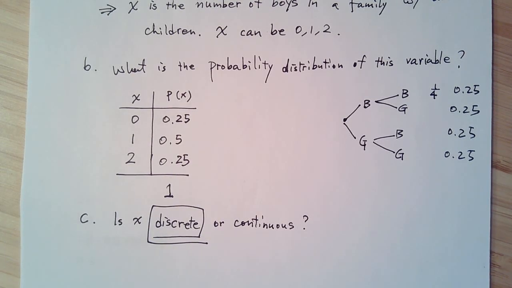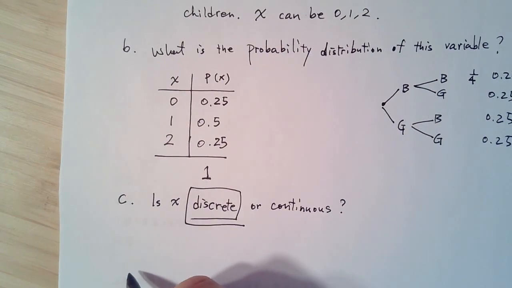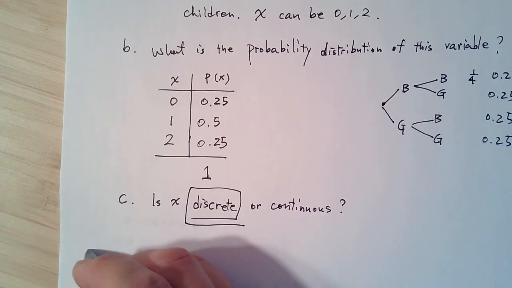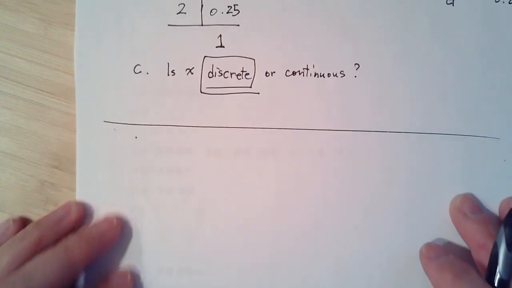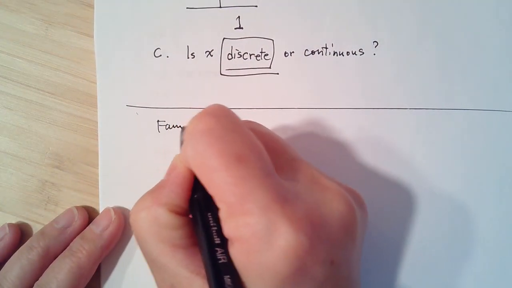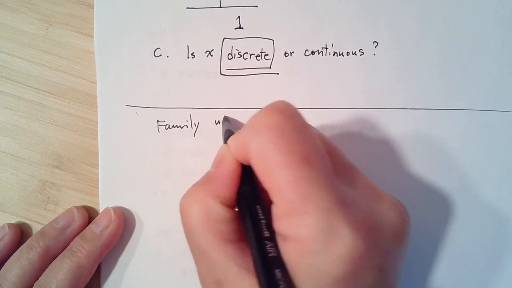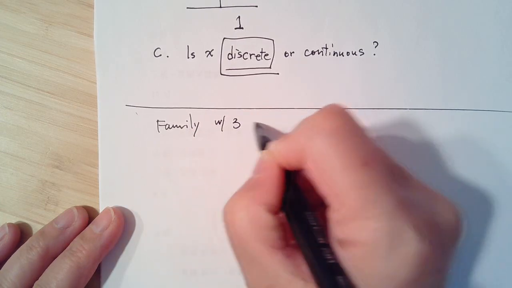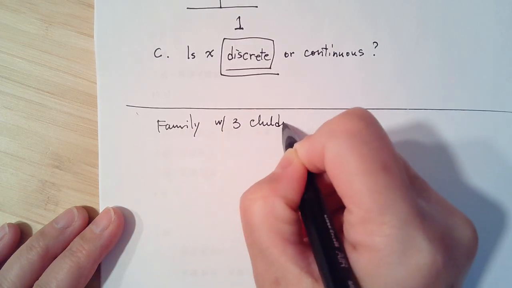All right, so let's see, can we do this? What about a family with 3 children? This is separate, you can work on this. Let's work on this quickly. A family with 3 children.